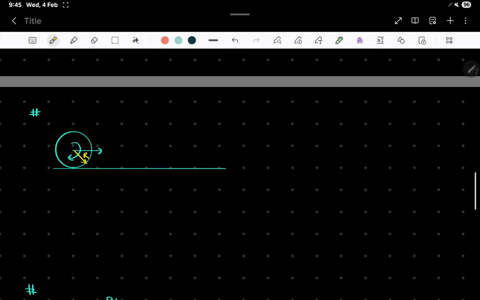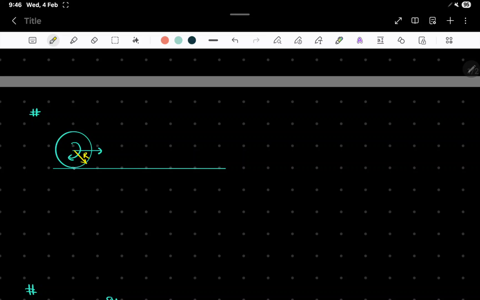The question is, we have a disk and it is rotating, as well as performing a rolling motion, rotating as well as moving ahead, right? And without any kind of slipping. So this particular disk keeps on moving.